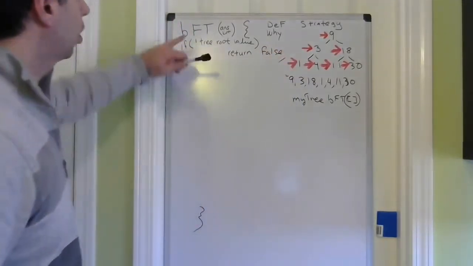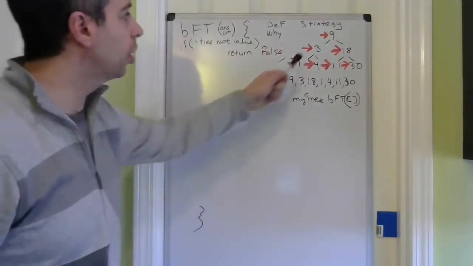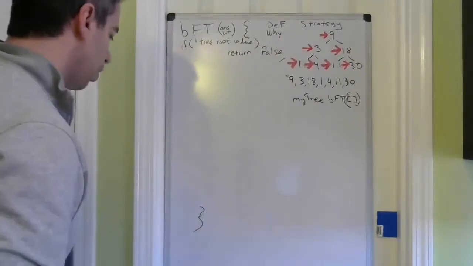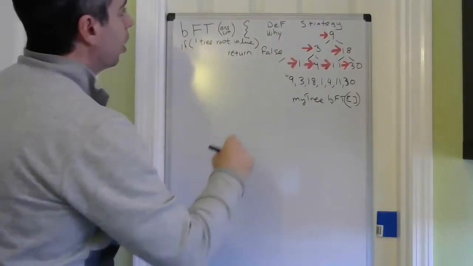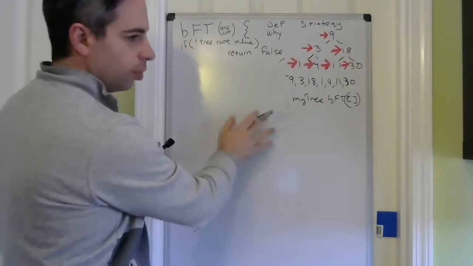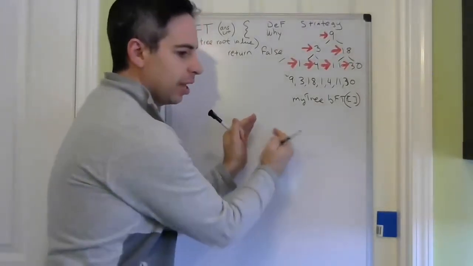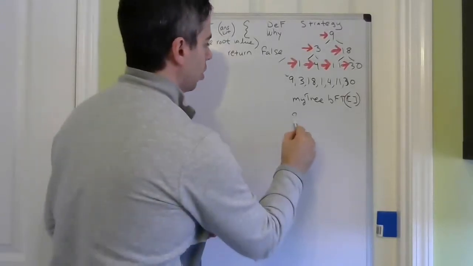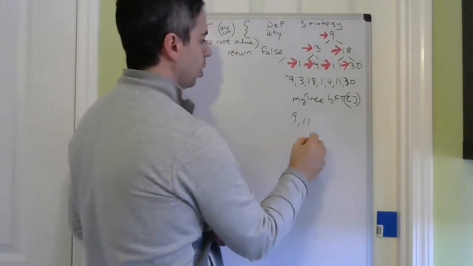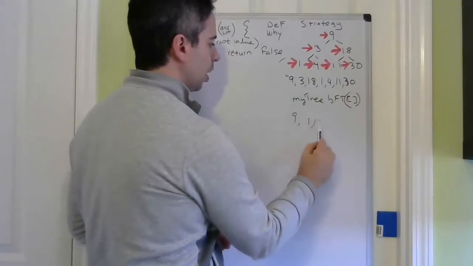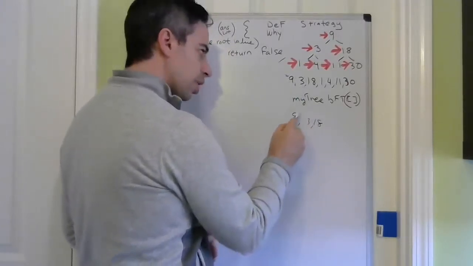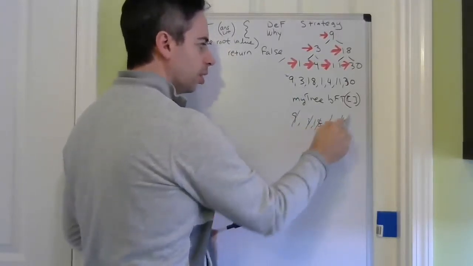Okay, making it past that line of code, now we know we have something of value. We have a node with some value in it. And we discovered, from what I just did a minute ago, that if I have some data in my list, 9, 3, 18, etc., as long as I have something in here, I can keep going, right?